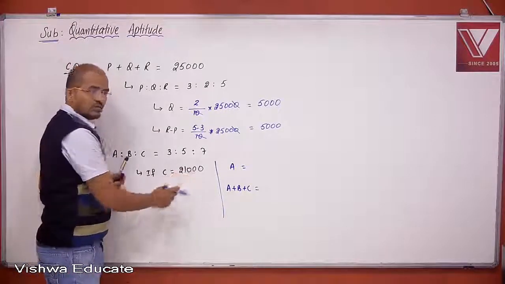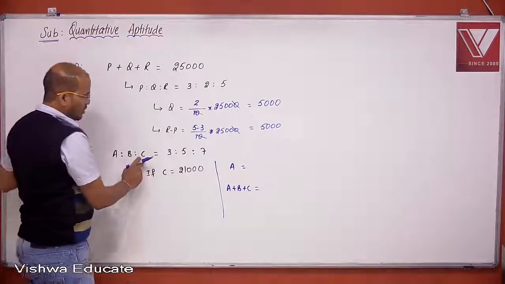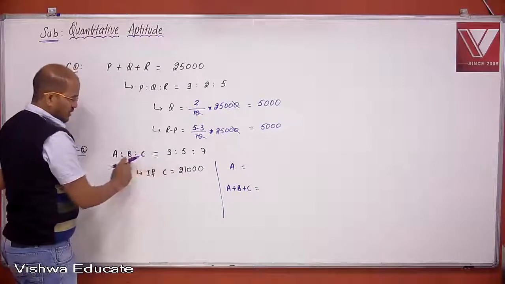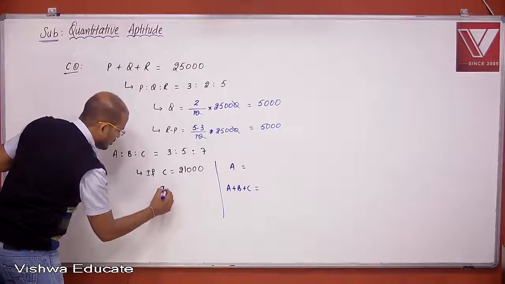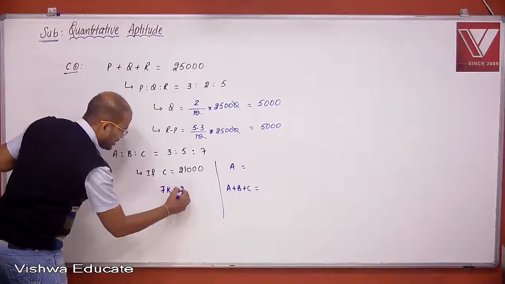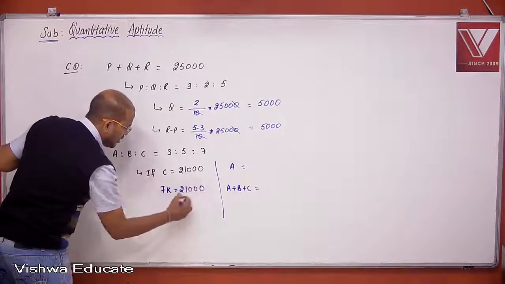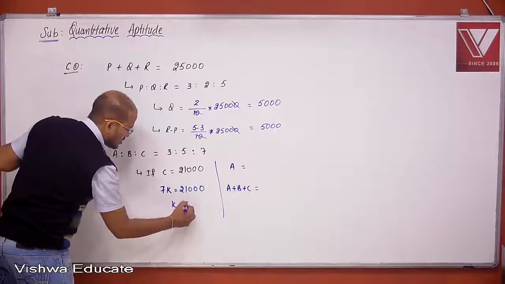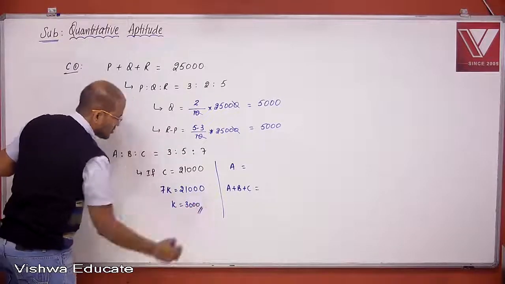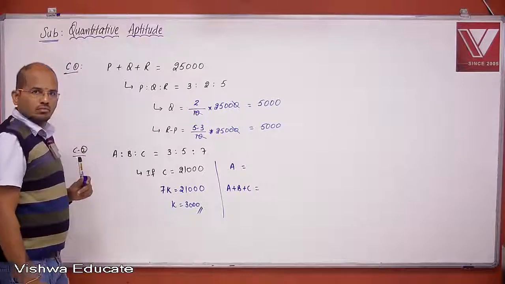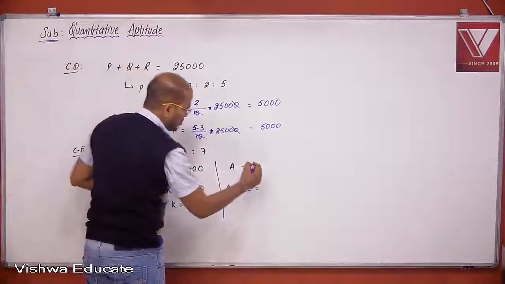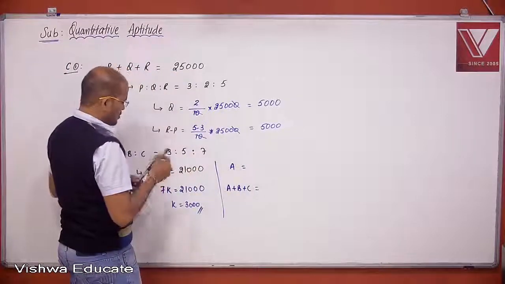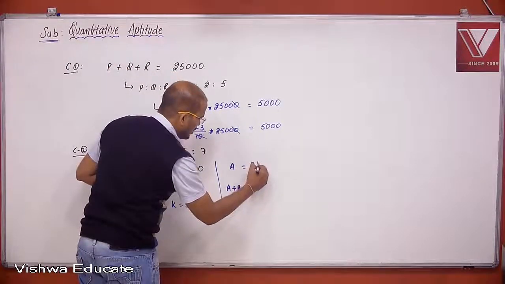So if C is 21,000, from the ratio, the value of A is 3 parts, B is 5 parts, C is 7 parts. 7 parts is 7k. 7k is 21,000. So the value of k is 3,000. Done. And now what is A? A is 3 parts, 3 times k.